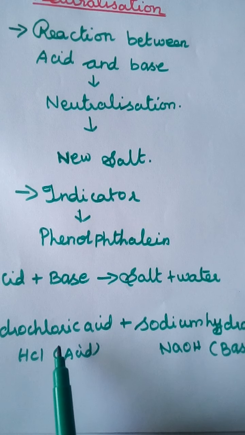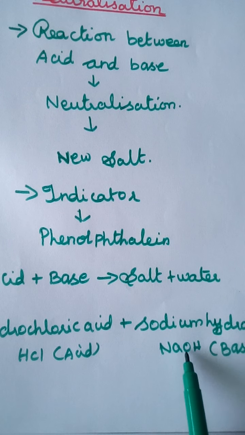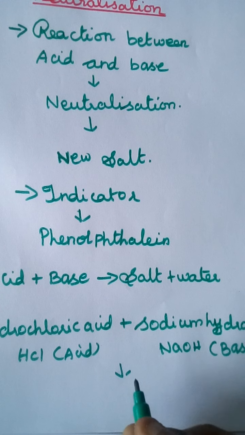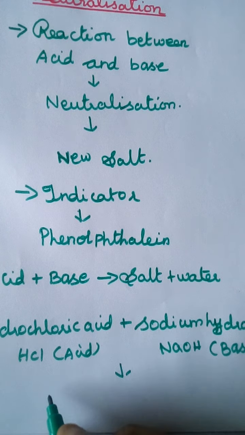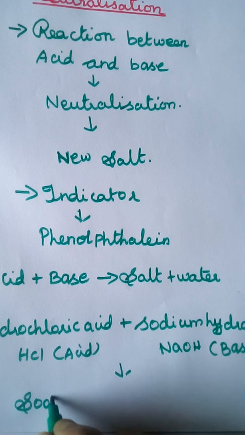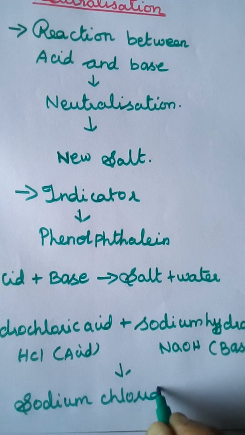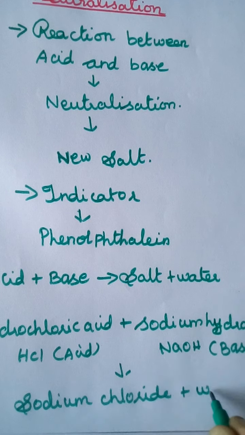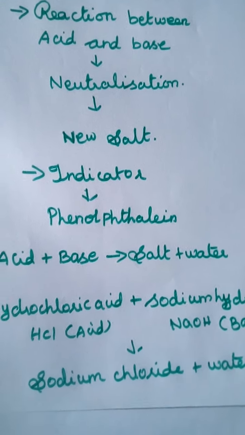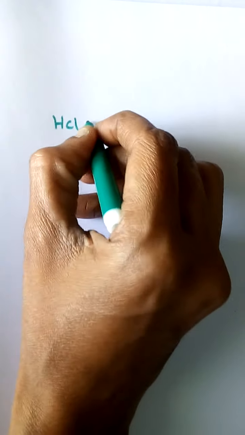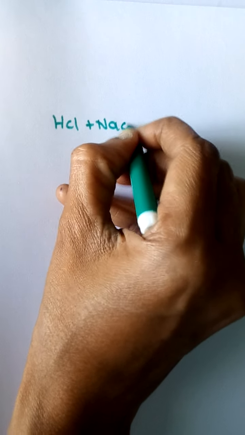Hydrochloric acid and the base sodium hydroxide are mixed to form what? Sodium chloride and water. HCl plus NaOH gives NaCl plus water.